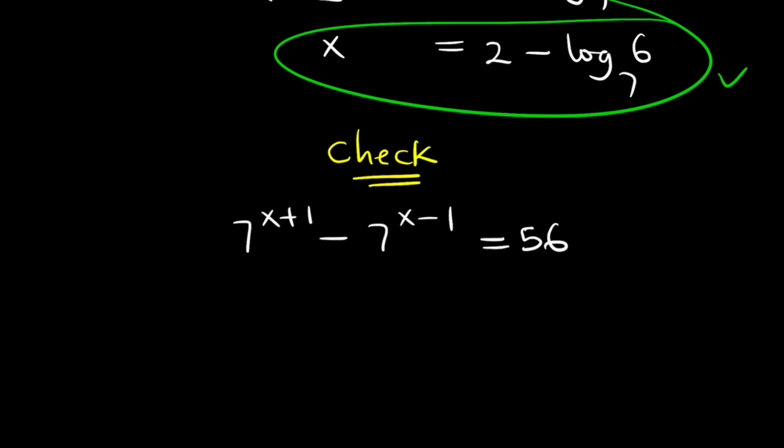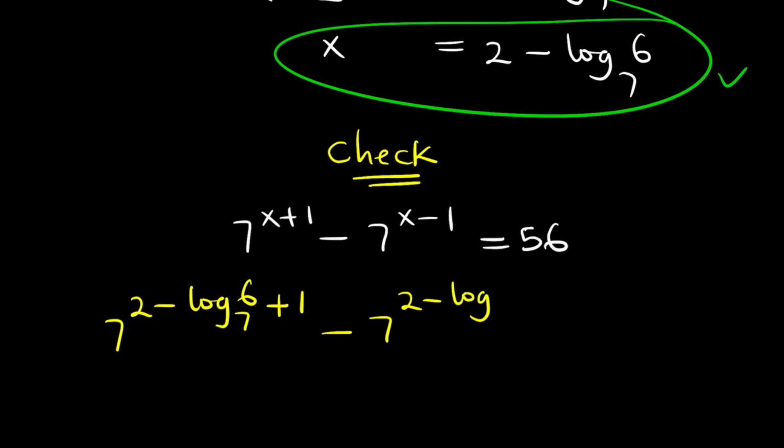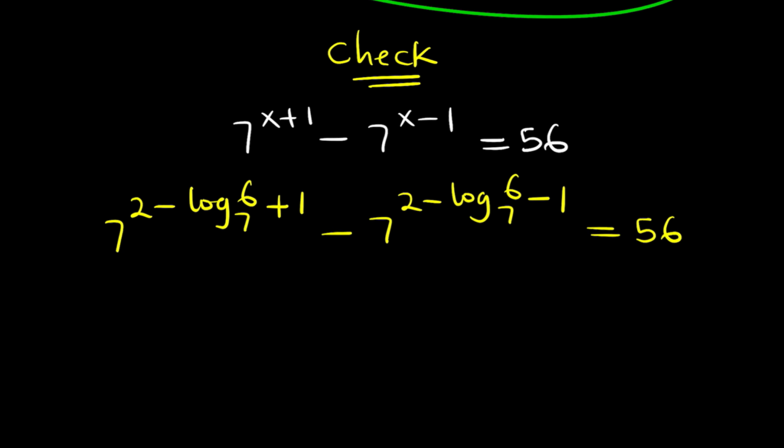Let us carefully put in these values. So for the first part, I have 7 raised to power 2 minus log 6 base 7, then plus 1, then minus 7 to the power 2 minus log 6 base 7, then minus 1 is equal to 56.